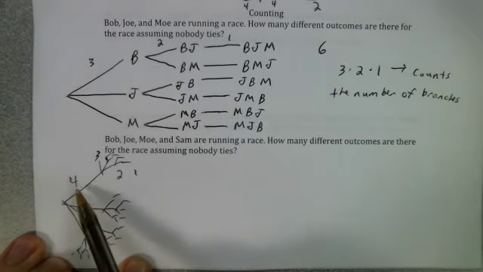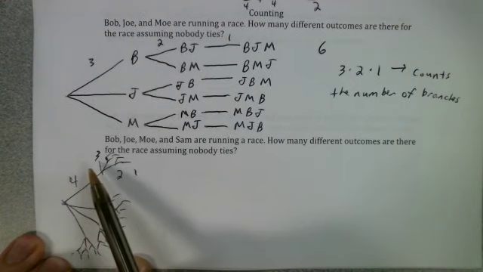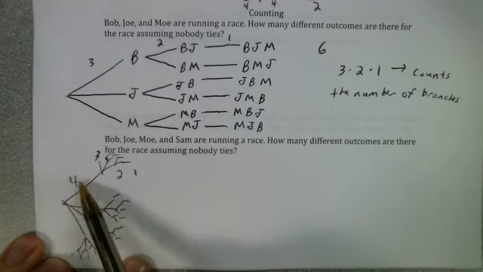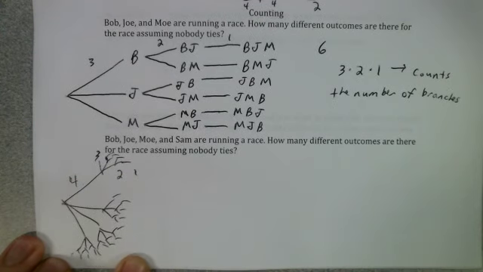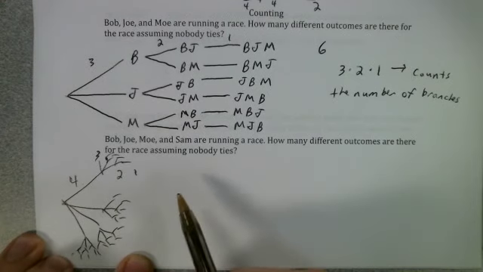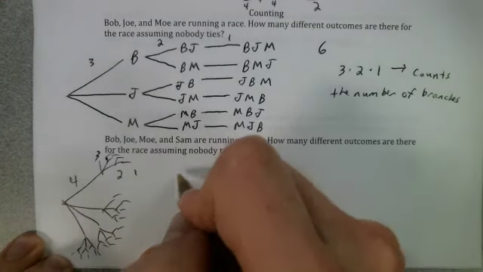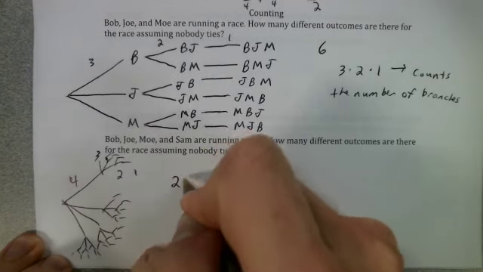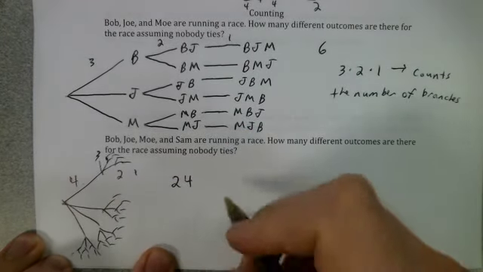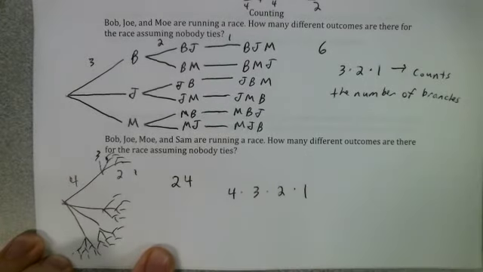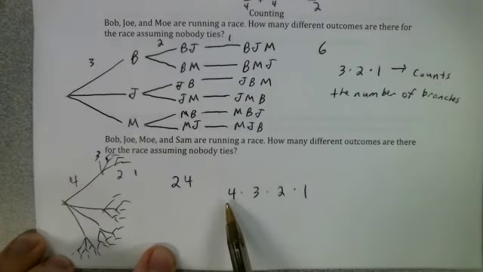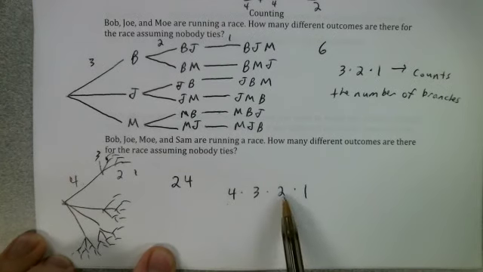I have 4 branches, each of which has 3 branches, each of which has 2 branches, each of which has 1 branch. So there's going to be 4 times 3 times 2 times 1 branches, which gives me 24 branches.